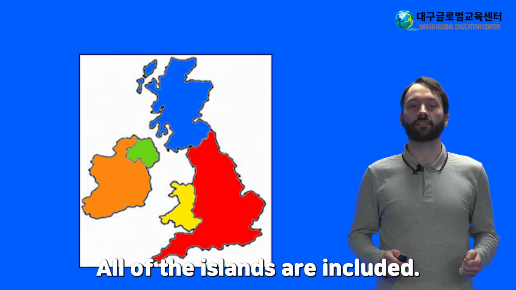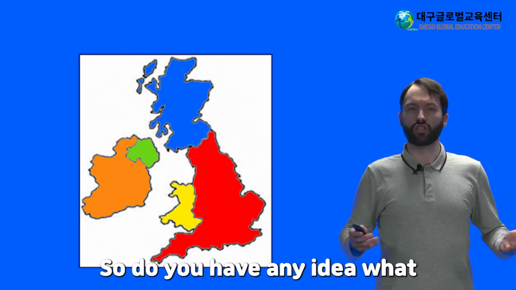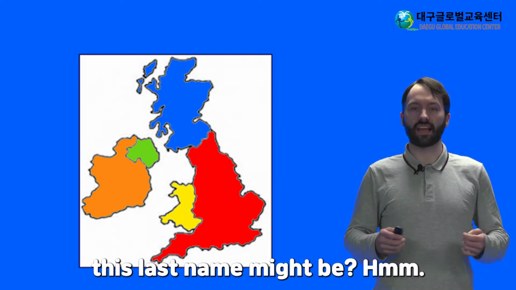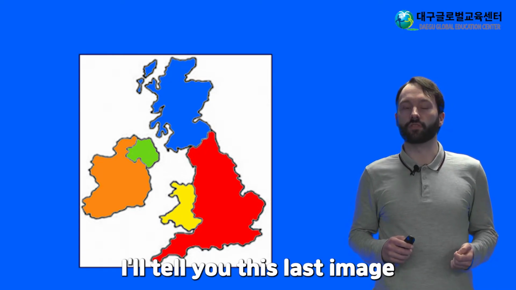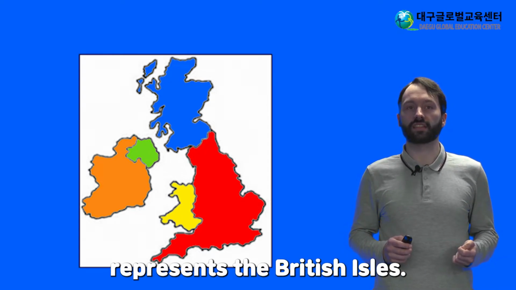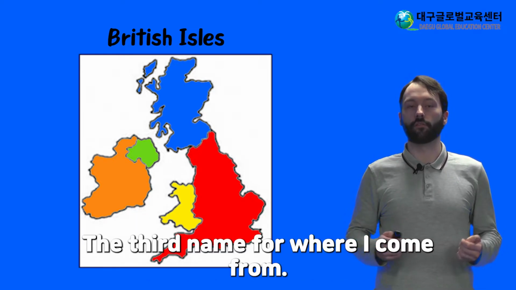All of the islands are included. So, do you have any idea what this last name might be? I'll tell you, this last image represents the British Isles, the third name for where I come from.